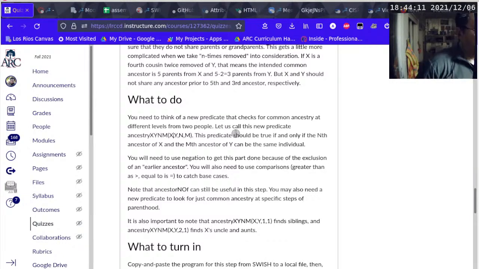So basically the common ancestor thing is like ancestry XYNM, except it does not have the extra requirement that X has to be N away from the common ancestor, and Y has to be M away from the common ancestor.